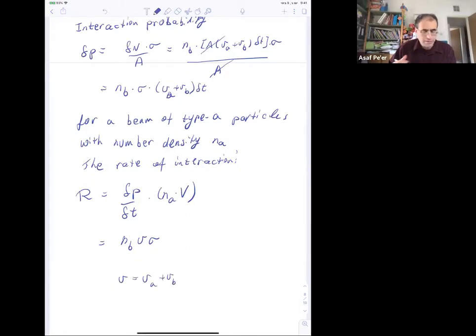This is the relative velocity, times NA times the volume.